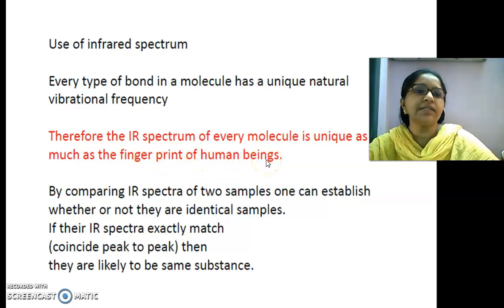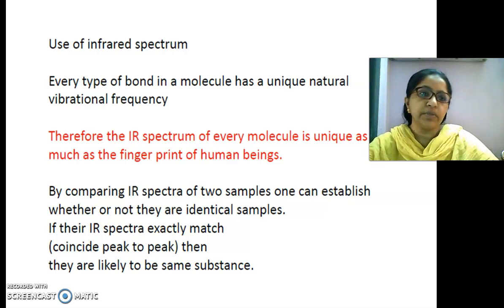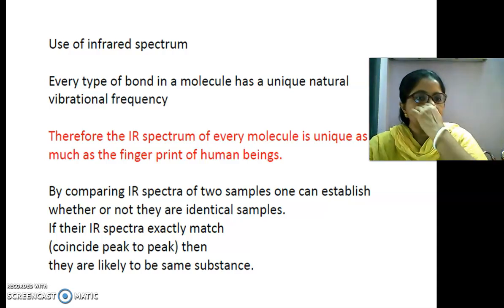You know very well that every human being has a unique fingerprint. No fingerprint of any two individuals will be similar. Similarly, the IR spectrum of every molecule is different from that of a different molecule. It will never be similar.